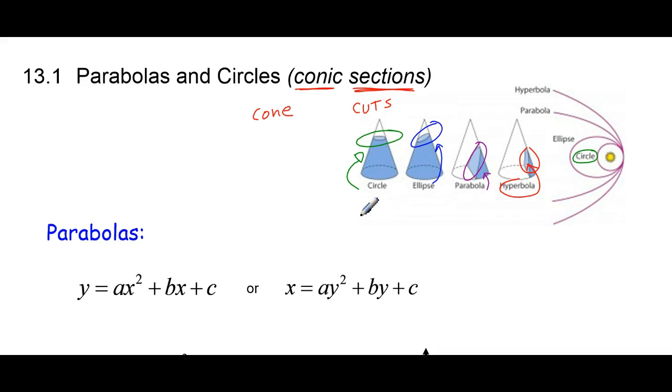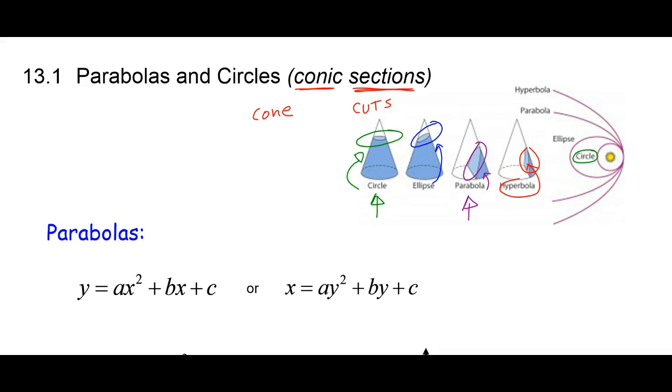The only ones we're going to study here today are circles and parabolas. The other ones are more complicated. These are the ones that will give you an introduction to this idea, and honestly, they're the ones that are more practical.